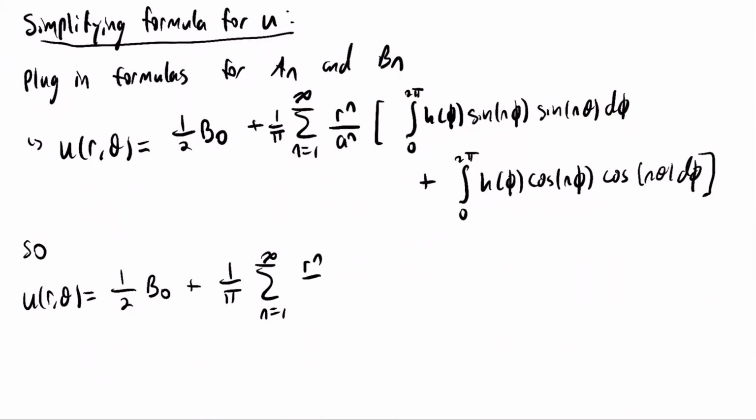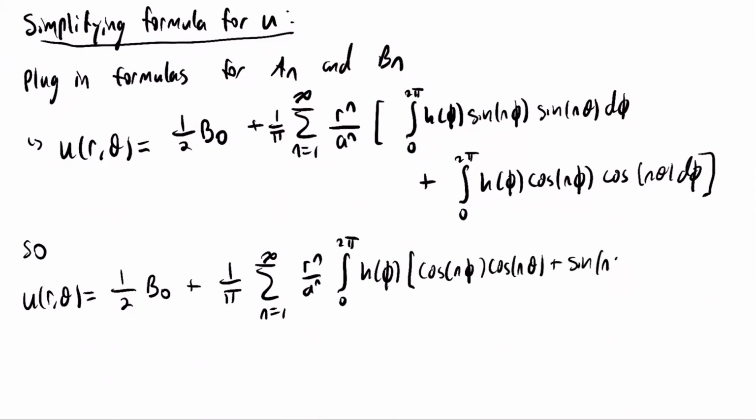We get r to the n over a to the n, integral from 0 to 2π of h(φ) times cosine of nφ cosine of nθ plus sine of nφ sine of nθ, dφ.